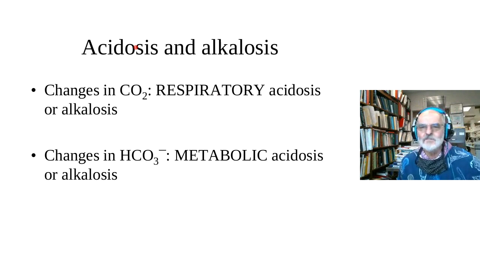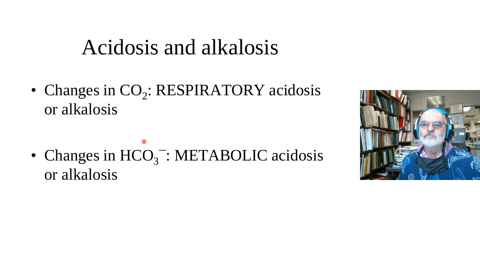If the CO2 goes up, that's acidosis. If the CO2 goes down, that's alkalosis. When you're looking at a change in a patient's arterial blood gases, has the CO2 changed, and does it correspond to the change in pH, yes or no? If the CO2 goes up and it's acidosis, then it's a respiratory acidosis. If the CO2 goes down and it's alkalosis, then it's a respiratory alkalosis.